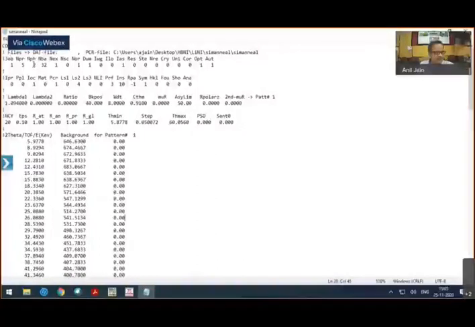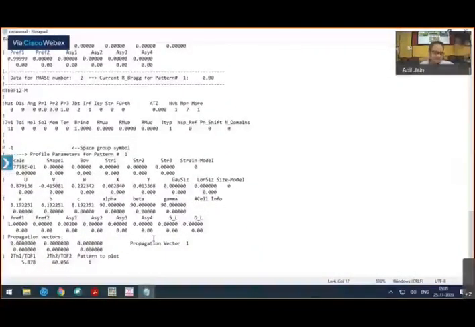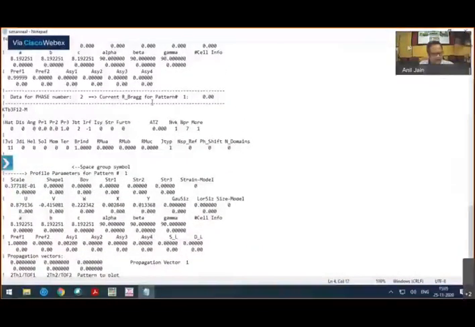Only I have put the number of phases as 2 because I plan to add another phase. I have added this phase, and this phase is a Le Bail fit. It means it is only profile matching with a constant scale factor.